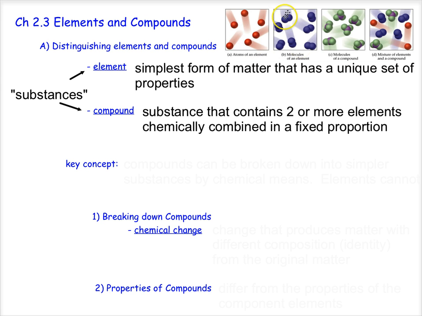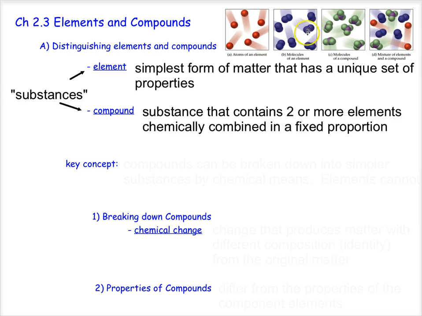Now, in the second picture, this is also an element, even though these elements are made up of two atoms stuck together. But notice, in this particle, there are two atoms that are identical to one another that are bonded together. Okay? So this is also an element because each one of these particles is exactly the same as each other, and each particle is made up of atoms that are identical to each other.